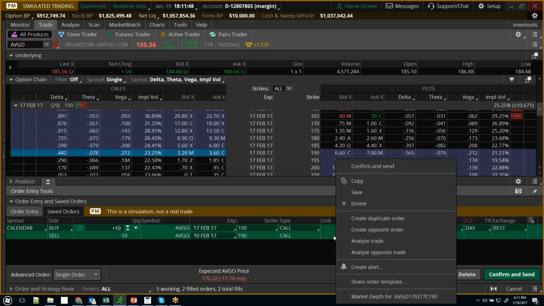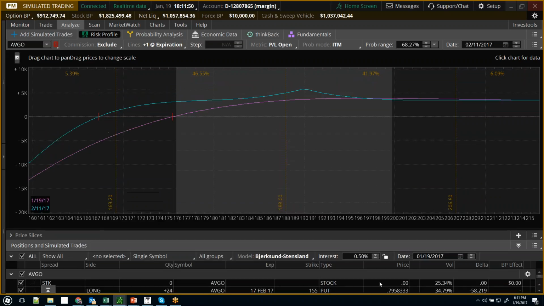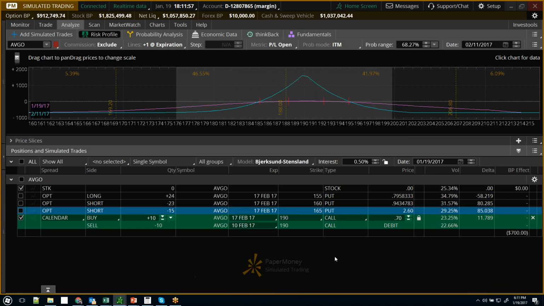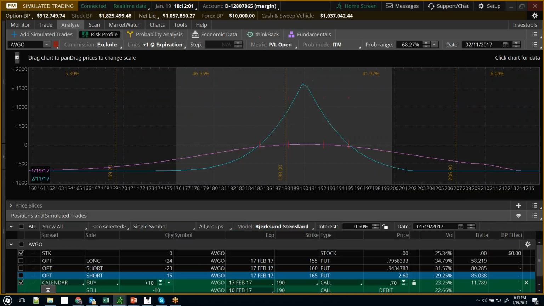I can work with this trade, and let's take a look at what this thing looks like. All right, hold on. Clear out a bunch of other trades. There we go. So this is the trade we're looking at, and it's an interesting trade. For 10 of these, we'd be spending $700. We're currently trading at roughly 188 right now.